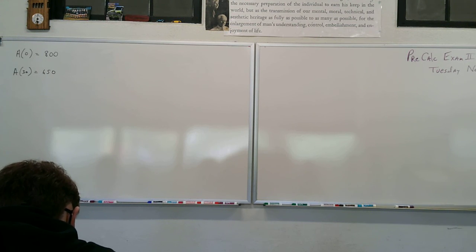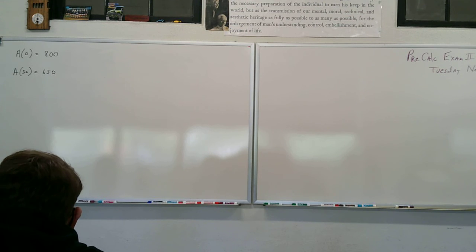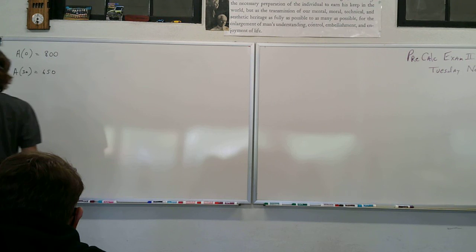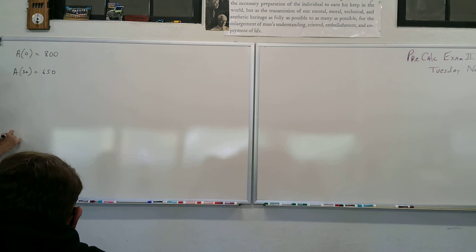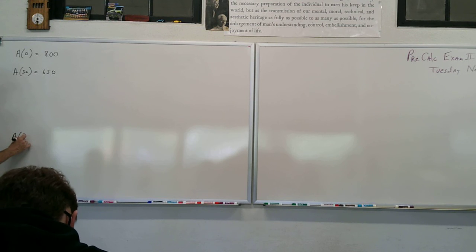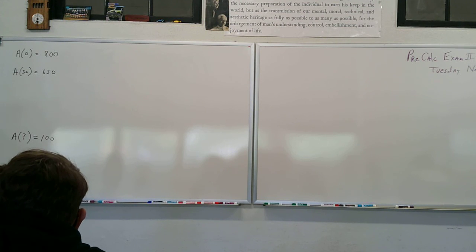In 30 minutes, it went from 800 to 650. And what's scaring him about this is he was told in the directions that when he got down to where he only had 100, he couldn't do anything with them anymore. He needed to always have at least 100. And what happens? His population's going down.